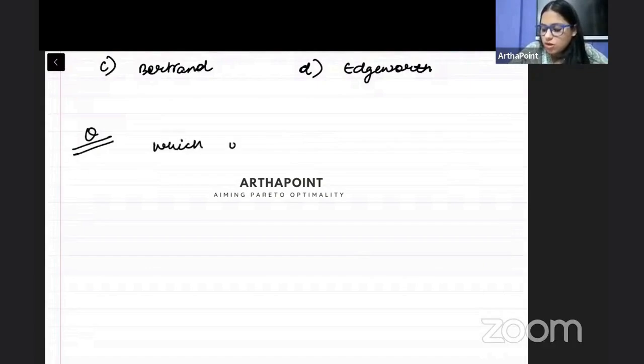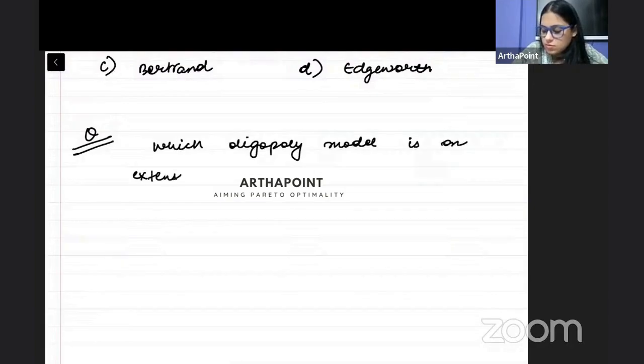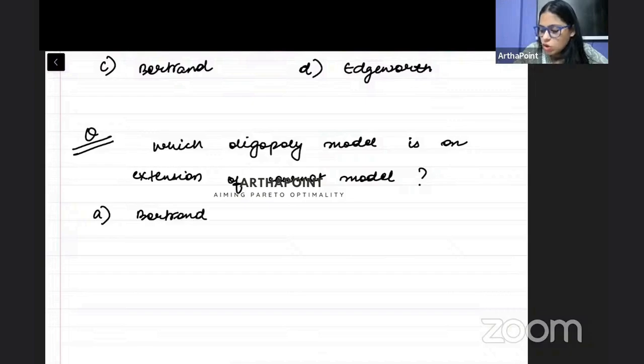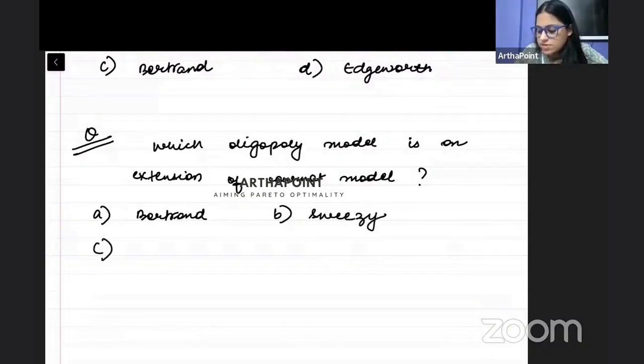Next question. Which oligopoly model is an extension of Cournot model? Option number 1, Bertrand. Option number 2, Sweezy model. Option number C, Stackelberg model. And option number D, Chamberlain model.